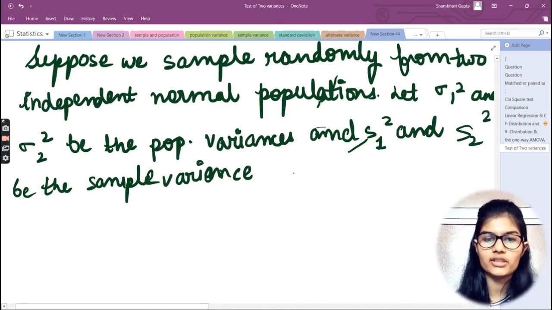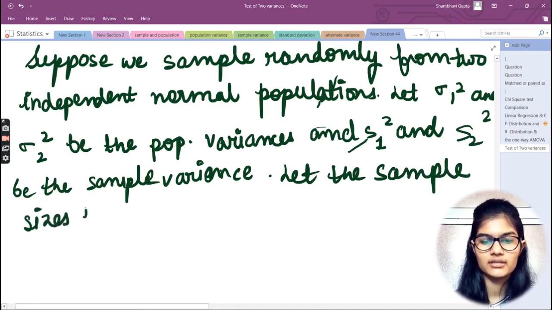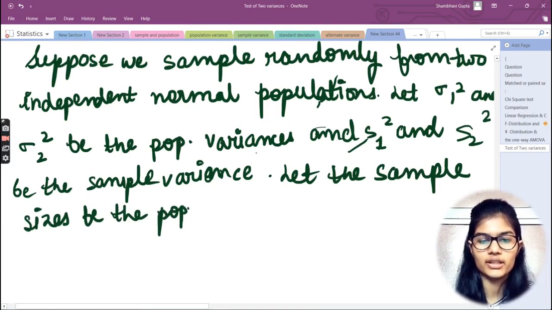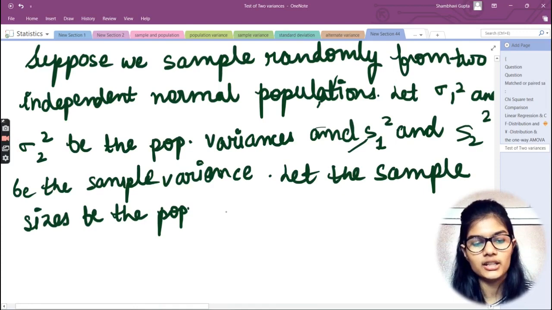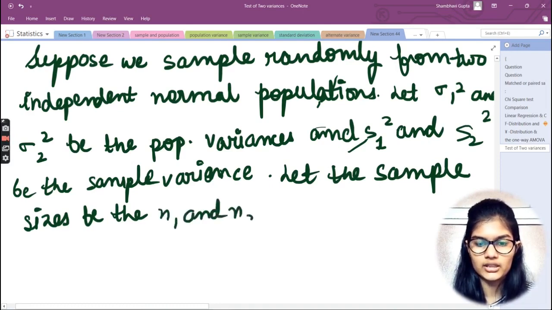In that case, let the sample sizes be N1 and N2.